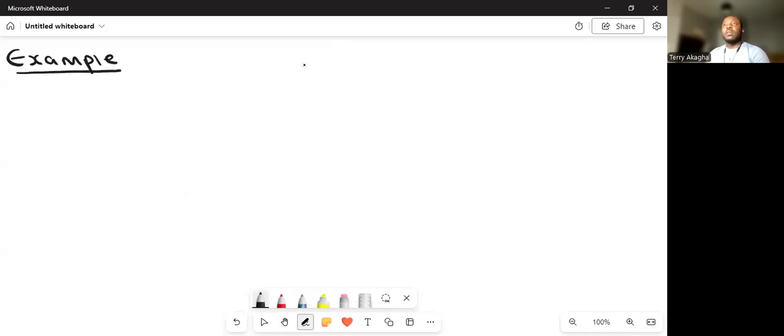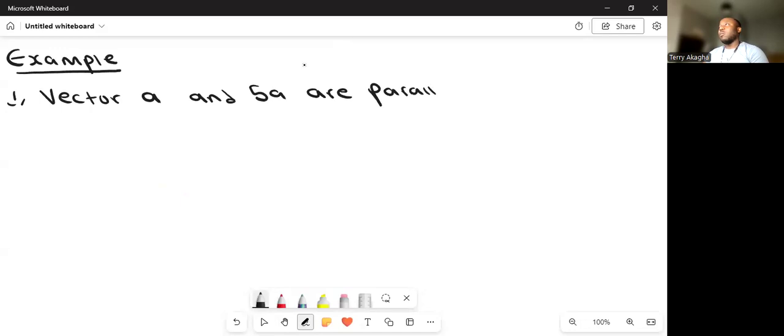So for instance, if we have vector A and vector 5A, these are parallel and in the same direction.